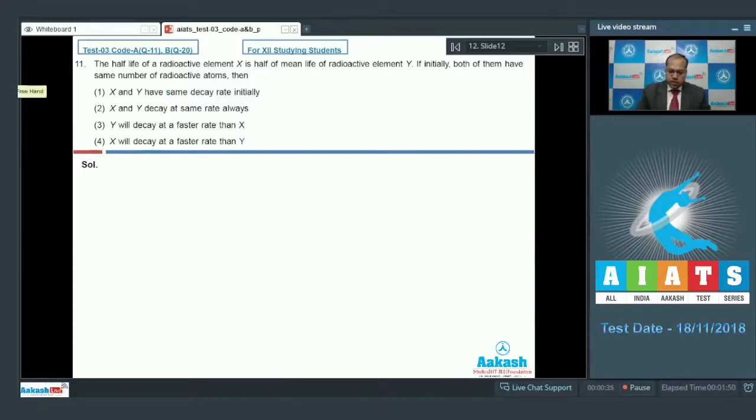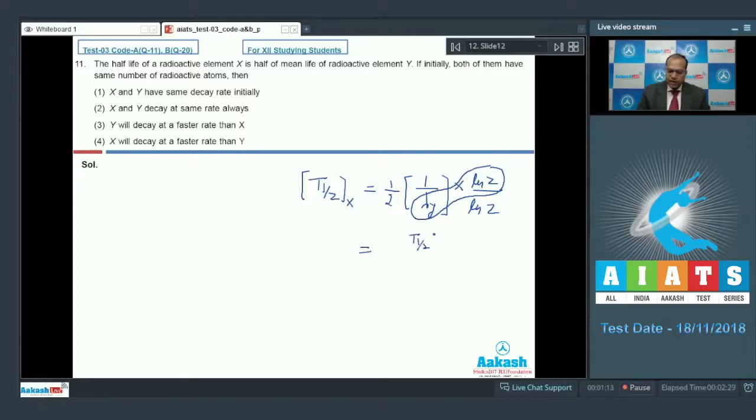It is given in the question, T half of X is equal to half of the mean life of radioactive element Y. So mean life will be 1 by lambda Y. If I multiply it by ln2 and divide by ln2, it can be written as ln2 divided by lambda Y, which is equal to T half of Y, and this is divided by 2 ln2.